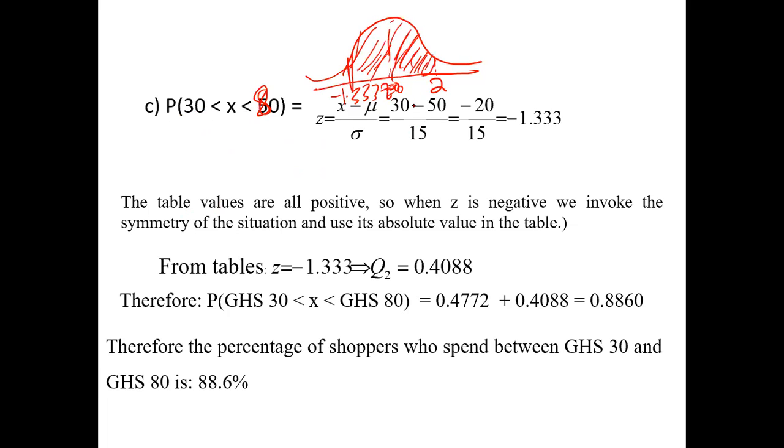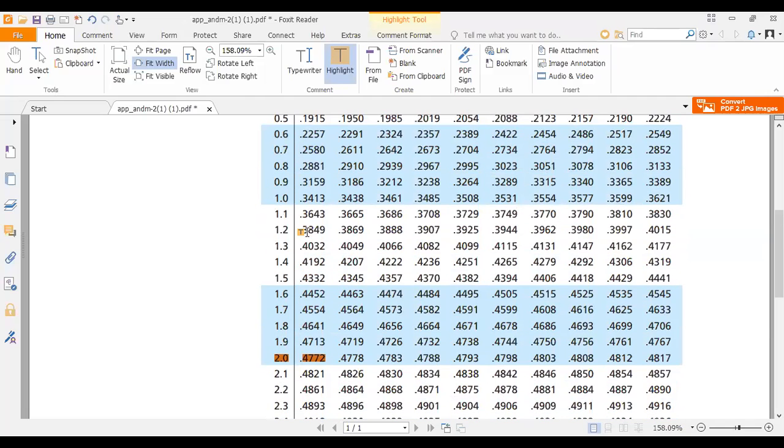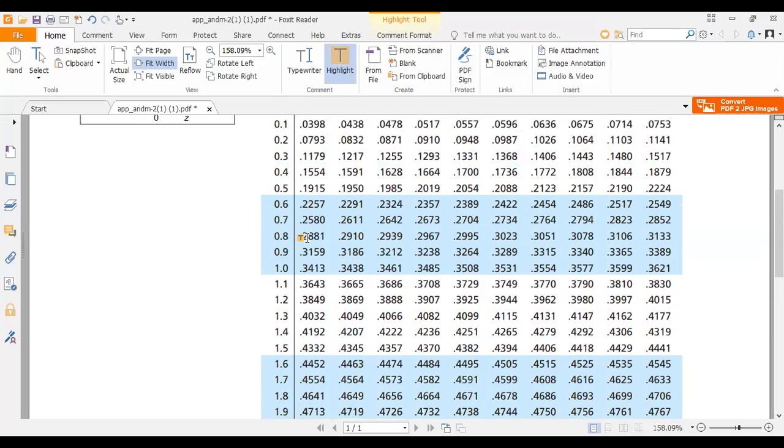It is quite simple because whatever figure we read, if you read negative 1.333, it is from 0 to the z-score of 1.333. If you read 2, you get 0.4772. So we need to read the negative 1.333. The table here is for both positive and negative, so we ignore the negative and read the absolute 1.33 to 2 decimal places, because we always read the table to 2 decimal places.